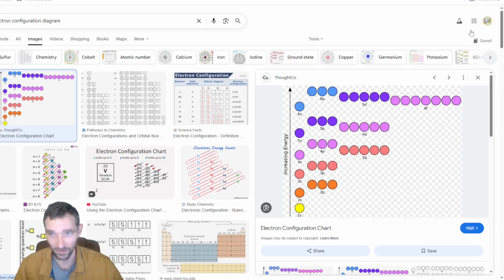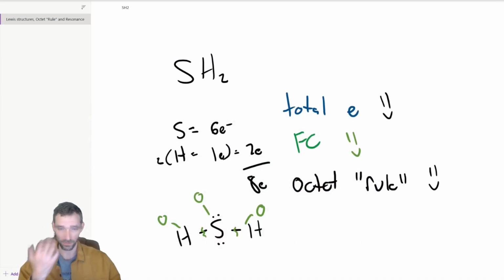So you don't have to use 3d all the time, even when you're in the third energy level, like in this problem here. So it's an option to break octet if you've got that third energy level, but it also can be fine just following the octet with those guys due to that geometric canceling out.